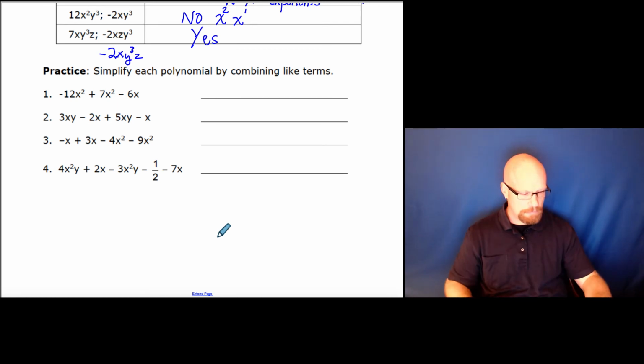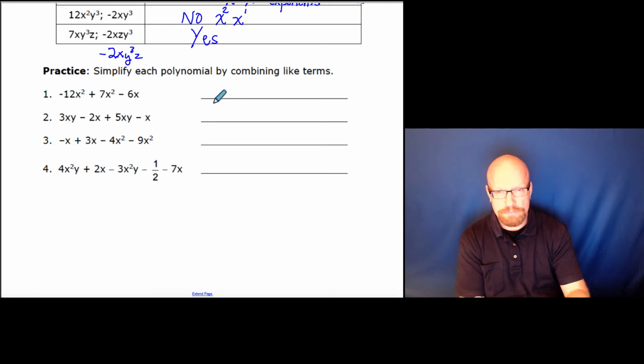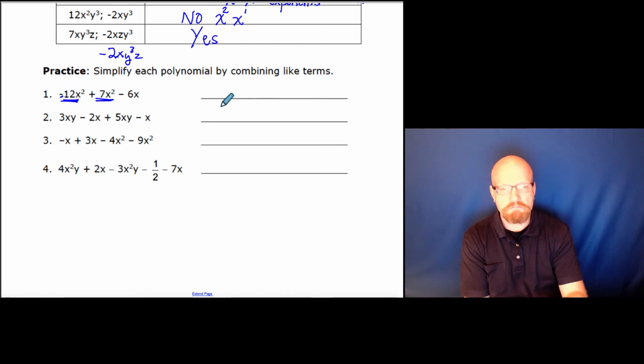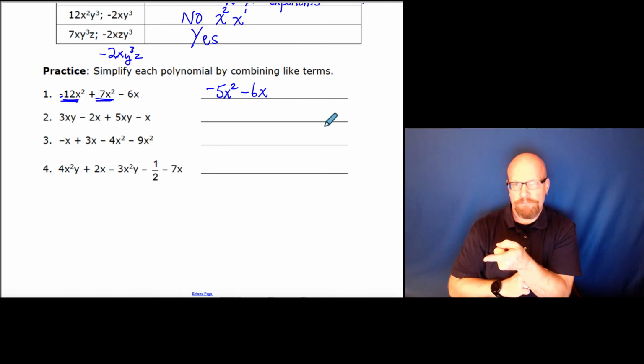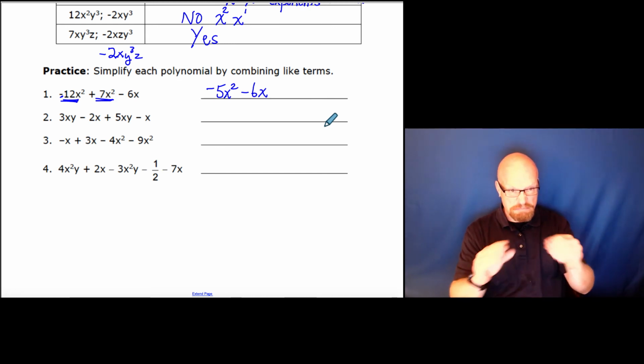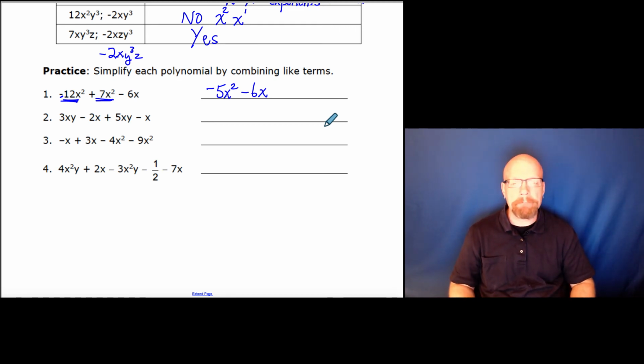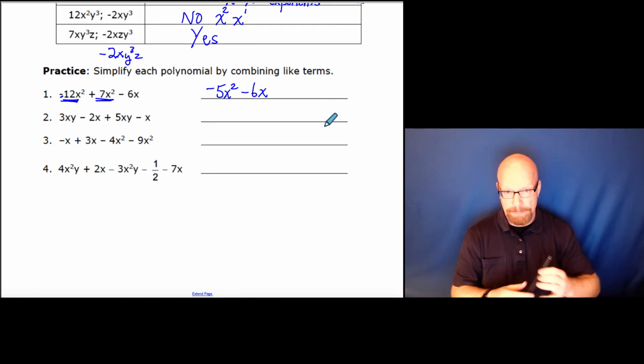I can combine them. Negative 12 and 7 you subtract because negative 12 plus 7 is negative 5. Are there any things left that are like terms? No. We can move on now.